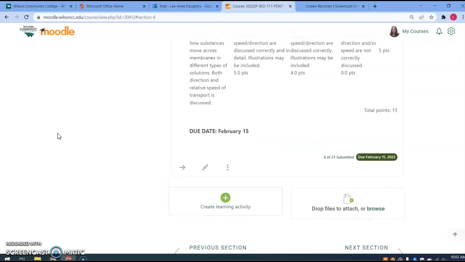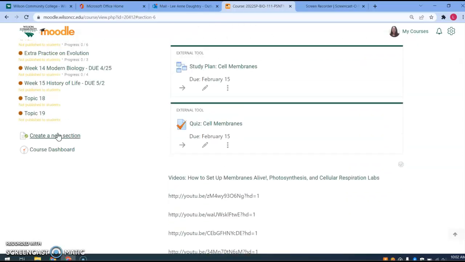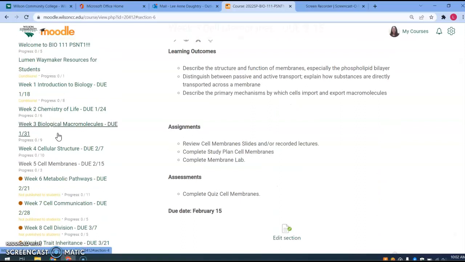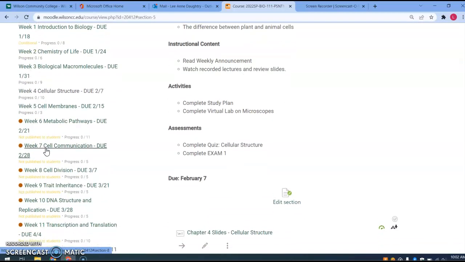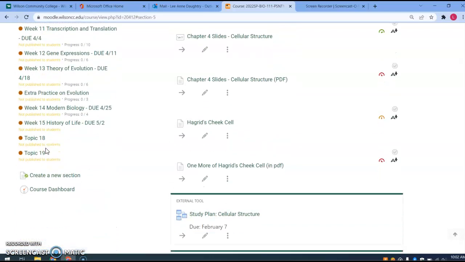Okay, so let's go back to the exam. I did want to mention a few things. The exam grades were actually really good. I had a few students that emailed asking why their grade dropped so much. And unfortunately, that's kind of expected whenever you take the exam, because most people are not going to have as high of an exam grade as they do on their quizzes and assignments each week.